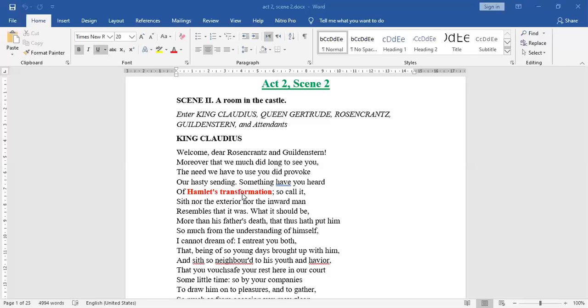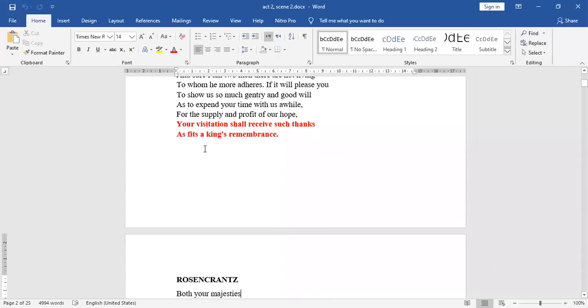So as she said here, as you see in the red color again, I highlighted this to you. She told them that your visitation shall receive such thanks as fits a king's remembrance. So the rewards that you will gain from the success of this mission, or the taking up of this mission on the part of the king.